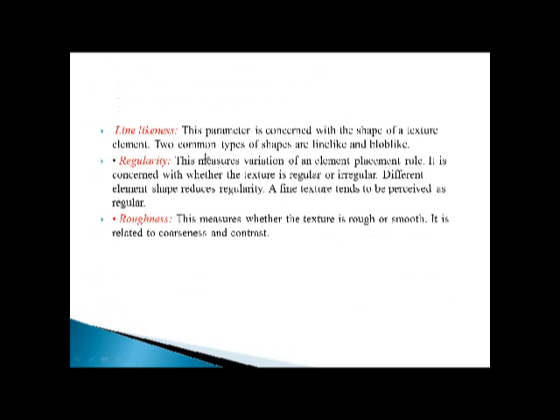Like line likeness. So this is the next parameter. This parameter is concerned with the shape of the texture element. And the next is regularity. It measures whether the texture is regular or irregular. The roughness. This includes whether the texture is rough or smooth.